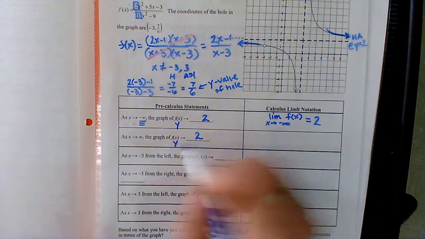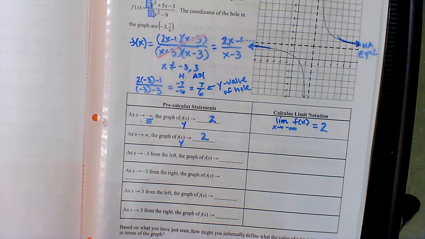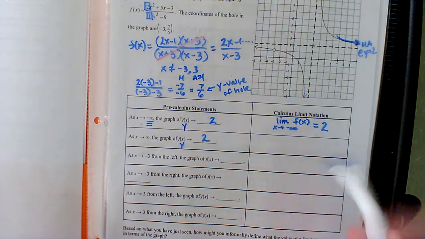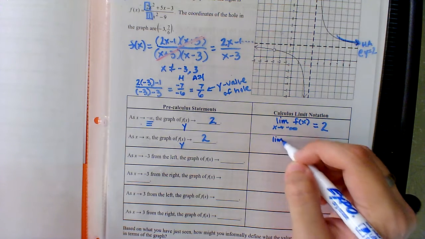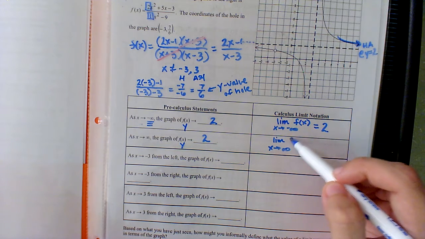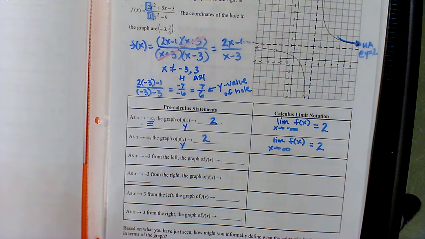Again, we're looking for the y value, aka the height of your graph. Okay, let's take a look at the next one. Oh wait, let's do our notation. Limit as x approaches positive infinity of the f of x graph is 2.